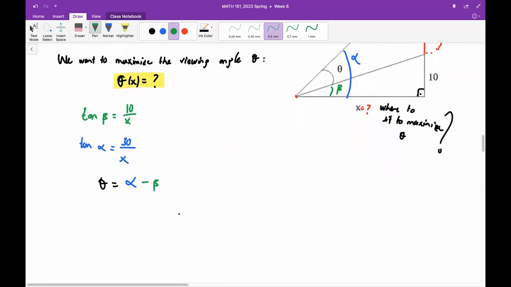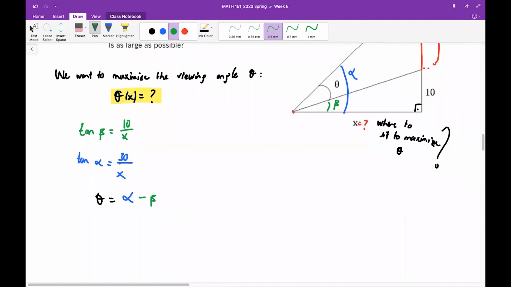Let's insert the expressions that we found for alpha and beta into this function. So we need to solve for beta and alpha from these two equations. Can you solve them for the angles? Of course, because we know an inverse trigonometric function that will neutralize tangent. If you apply arctangent to both sides of these equations, beta can be solved as arctangent of 10 over x.